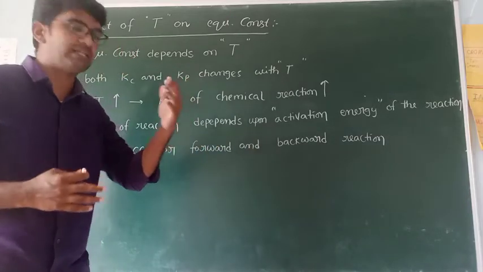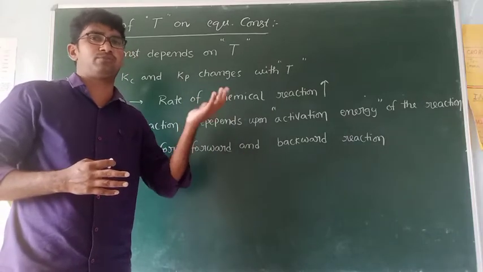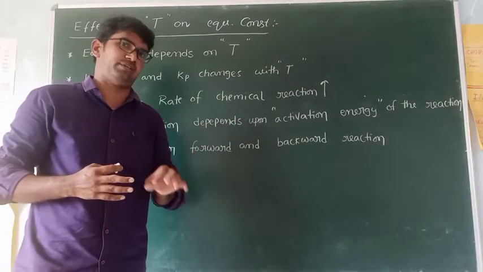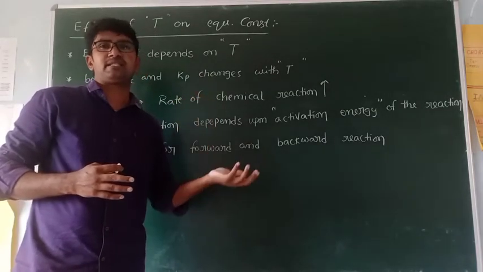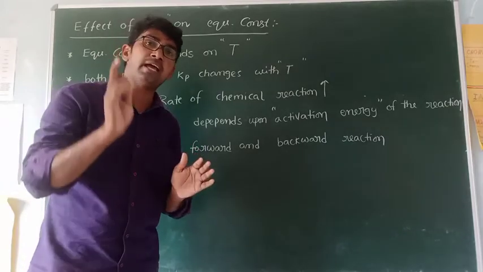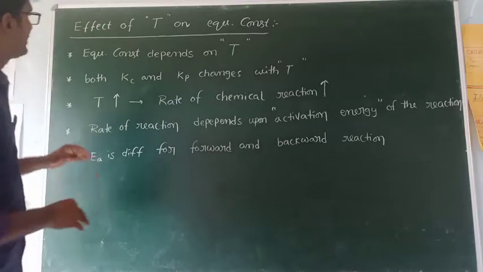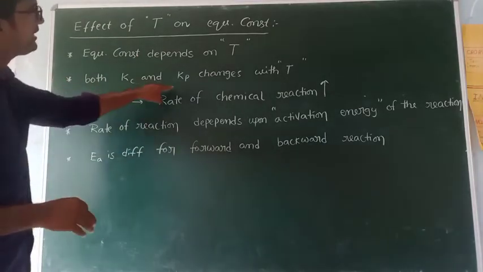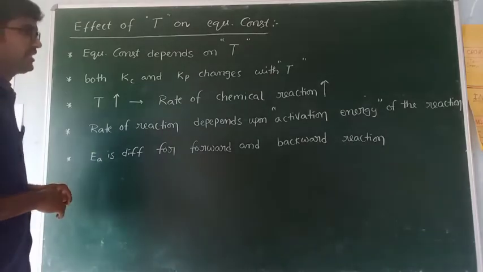Heat absorption is observed when temperature increases, but as the temperature decreases, exothermic reactions take place. So it depends on whether the reaction is exothermic or endothermic. Both Kc and Kp change with temperature.